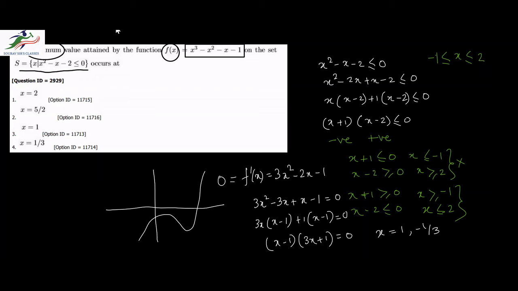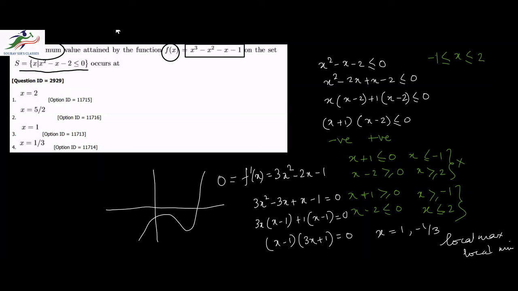So the function would be maxima and minima at these 2 points, but remember this is a local maxima and local minima. From the nature of the curve, it is very clear that this will be a local maxima and a local minima.